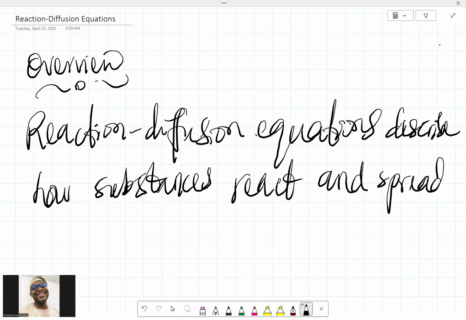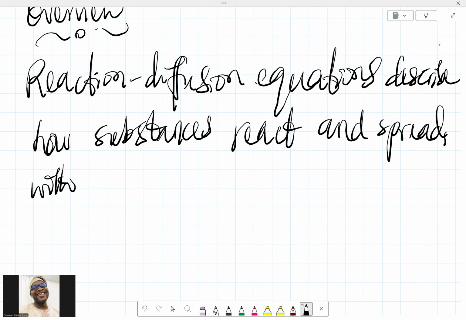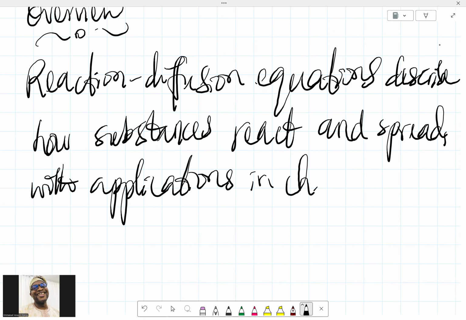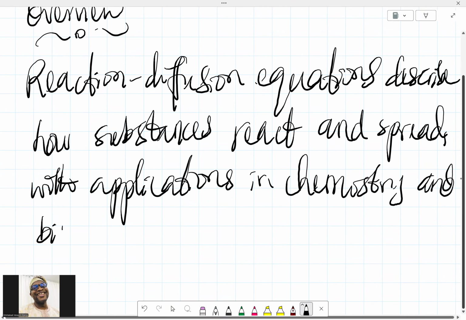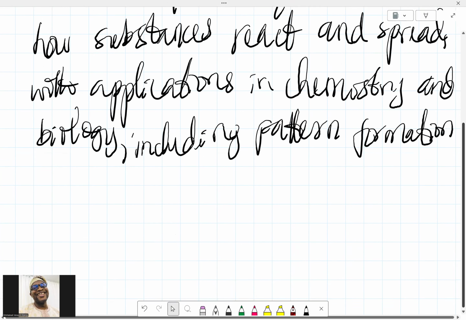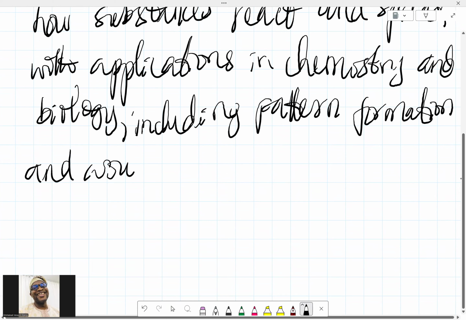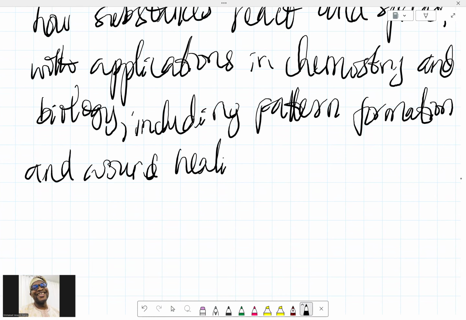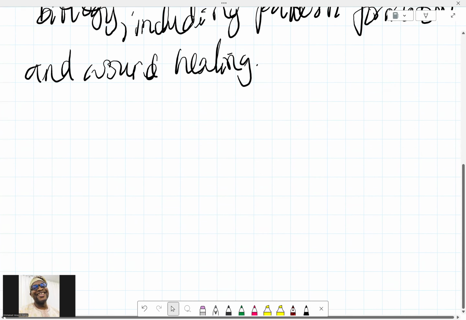So you have a reaction and then you have a spread, with applications in chemistry and biology. So reaction, then diffusion, including pattern formation and wound healing. Because all this happens in space and time, they are best described using partial differential equations.